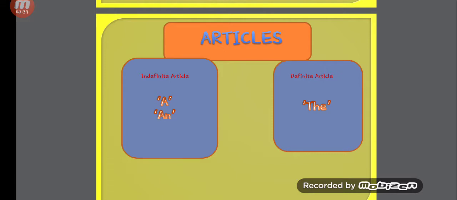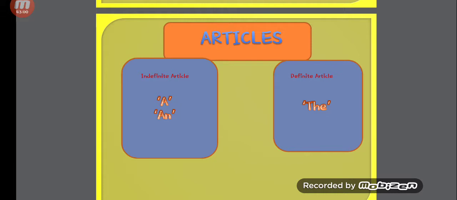We can use the definite article before the names of seas, or before a singular noun which stands for a group, like for a whole class. Like the camel is the ship of the desert, the lily is the sweetest of all the flowers.